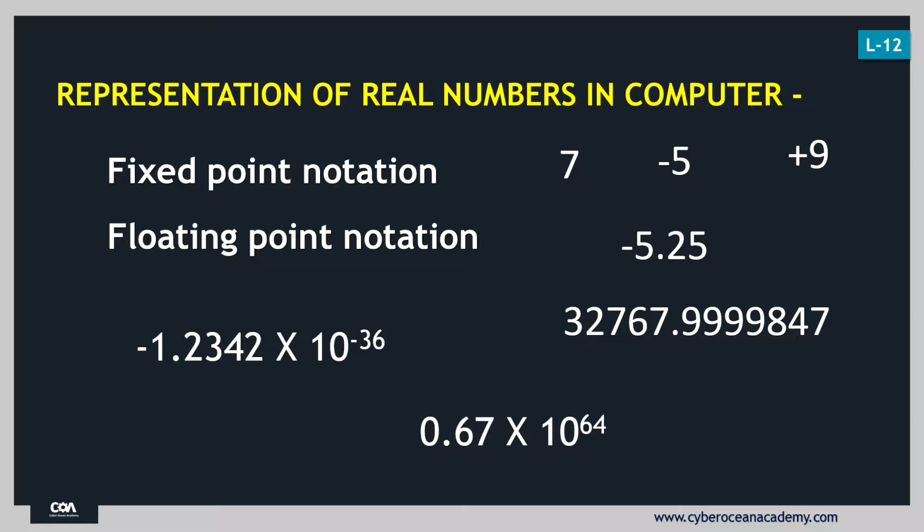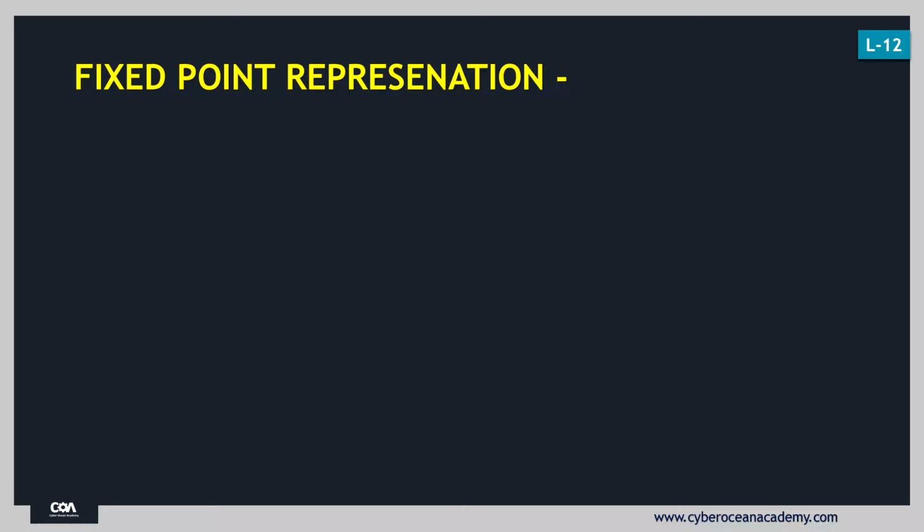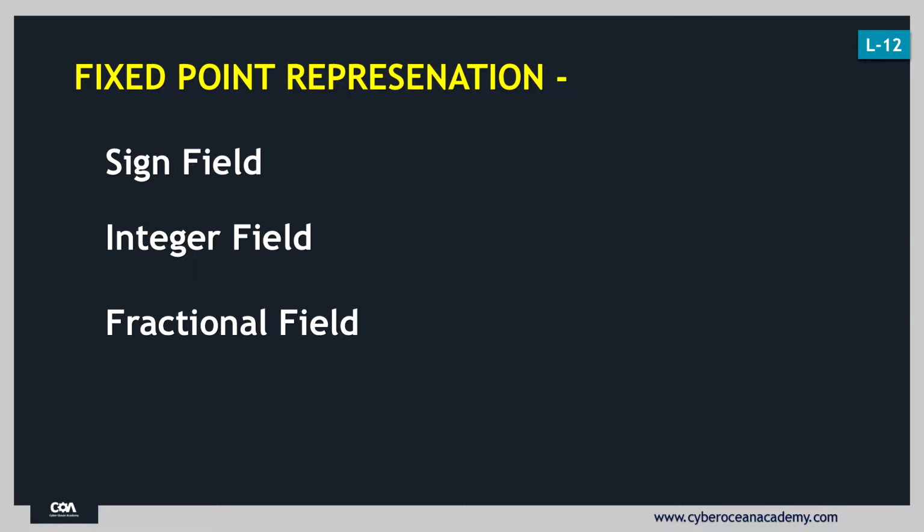Let's talk about fixed point notation. It is divided into three parts: the sign field, the integer field, and the fractional field. Take an example, 1101.01. In this example, the MSB, the most significant bit, is the sign bit.